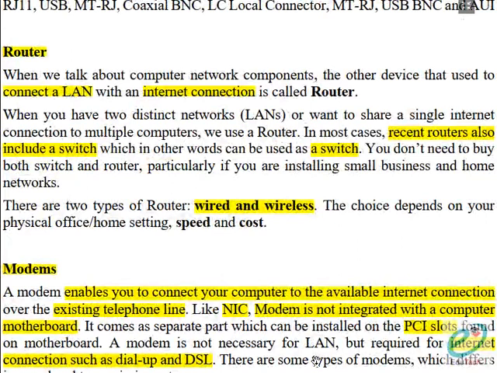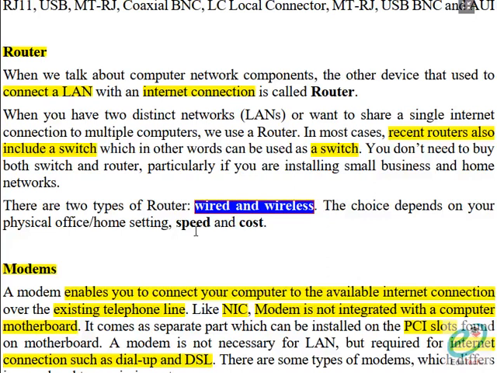Now, routers are of two types again. There is a wired one and a wireless one. Therefore, there are routers which are supporting wired connection. You need some wires in order to connect between LANs or just connection to the internet. Some you don't need wires.